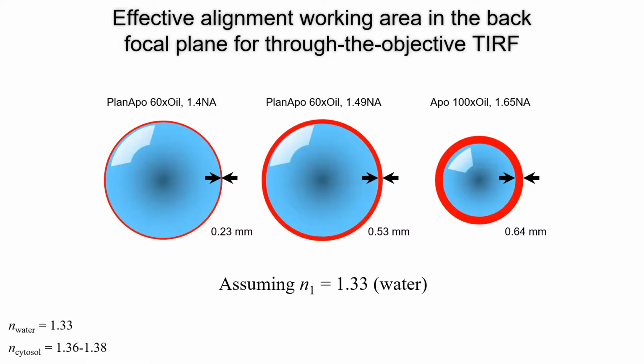It should be noted that even larger numerical aperture TIRF objective lenses exist that can increase the thickness of the annular region in the backfocal plane. These objective lenses allow the user to access even shallower penetration depths that lead to thinner optical sections at the glass-water interface. For example, 100x objective lenses with a numerical aperture of 1.65 are available.